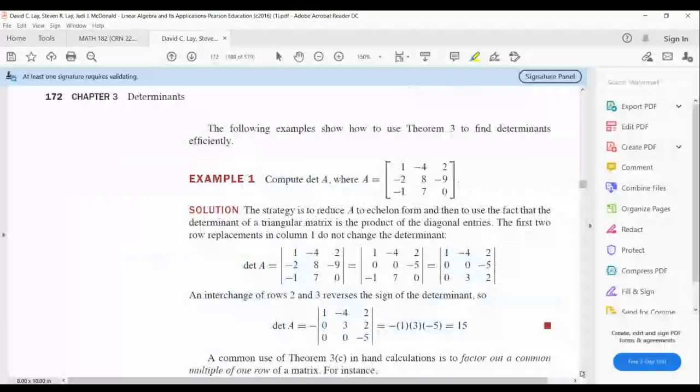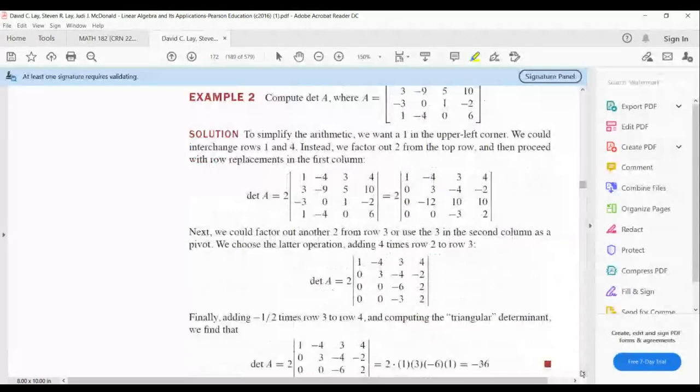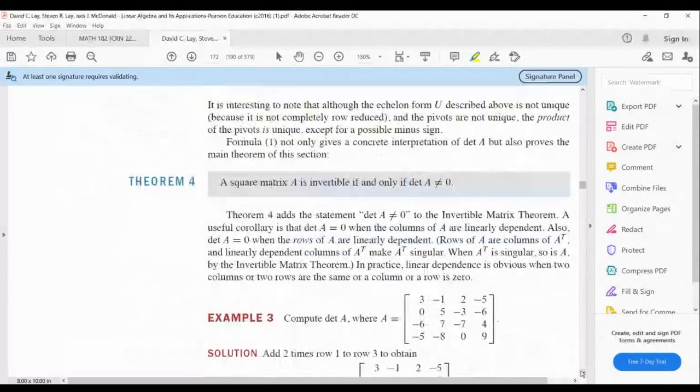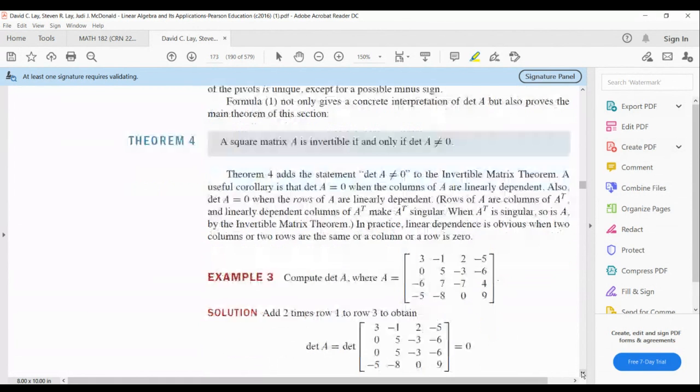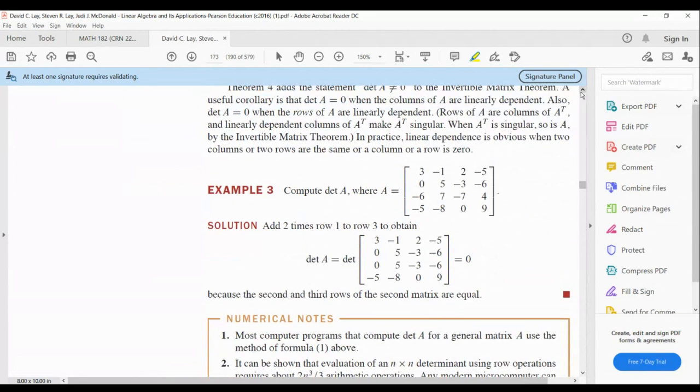And they have an interesting comment. How long do you think it would take to compute a determinant of a 25 by 25 matrix if the computer utilizes these properties? So originally it would take 500,000 years, right? If we didn't use any determinant properties to help us.